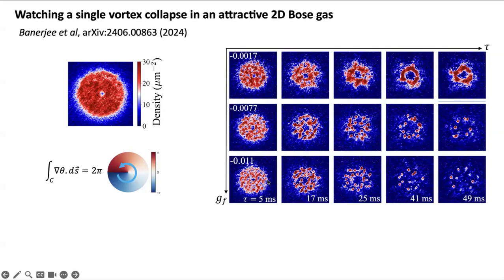While we quench, not only do density waves have to grow within the gas, their growth also needs to respect the fact that there's angular momentum in the gas. So you start to see density waves growing, but at the same time the center core is also growing larger and larger. Eventually, they fragment into a necklace of soliton-like things.